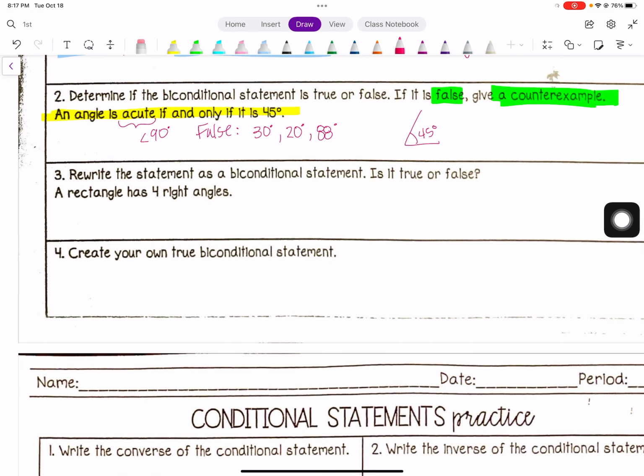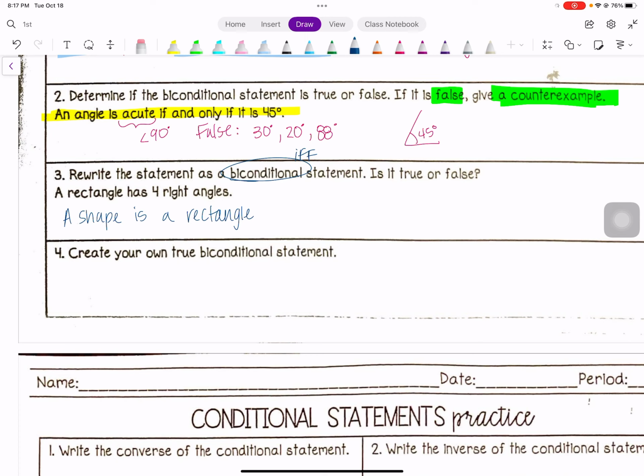Okay. So the next one, we have to write the biconditional statement. This one says a rectangle has 4 right angles. We're going to say a shape is a rectangle. Remember, biconditional means you add if and only if.